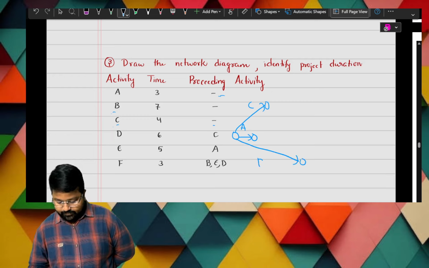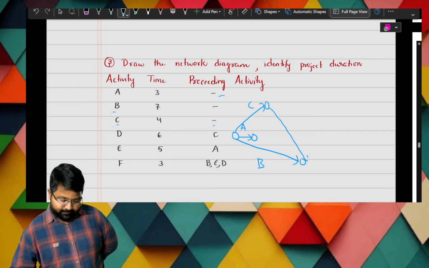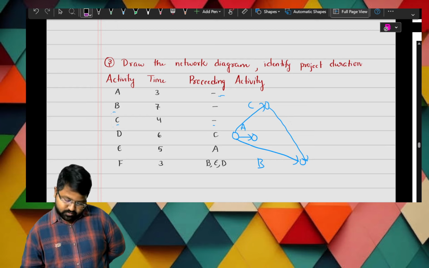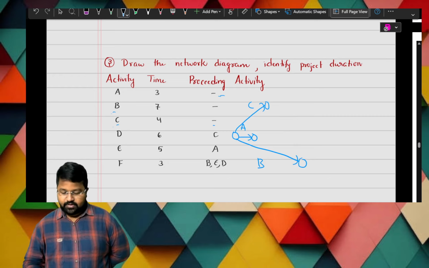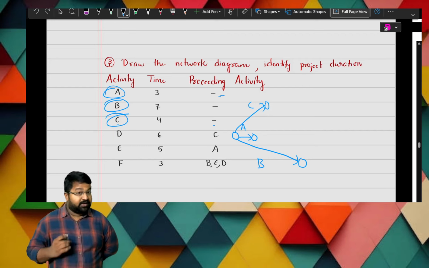It's B. Now I am drawing D. And also I am drawing A. Is it okay till here? So A is done, B is done, C is done.